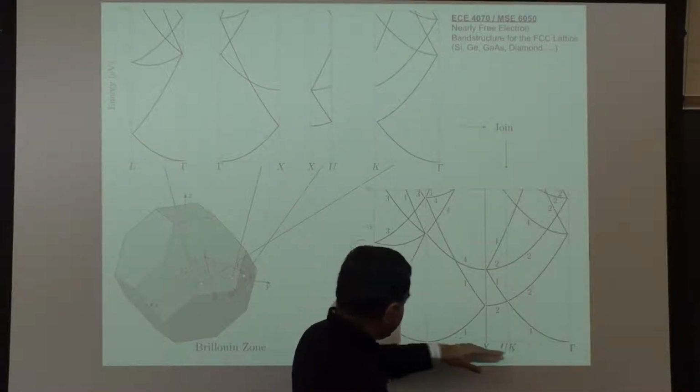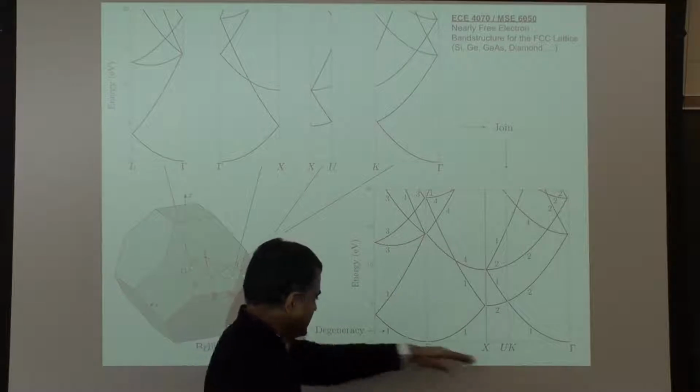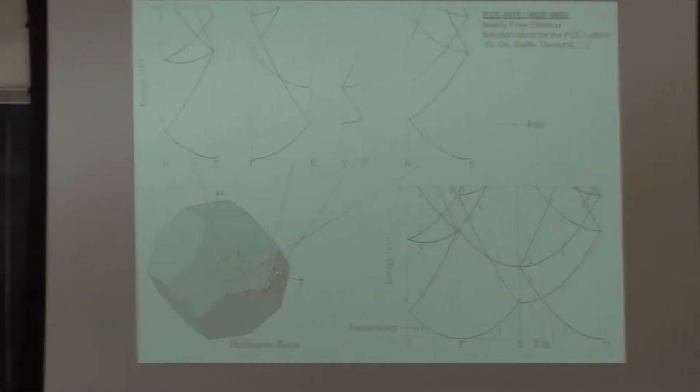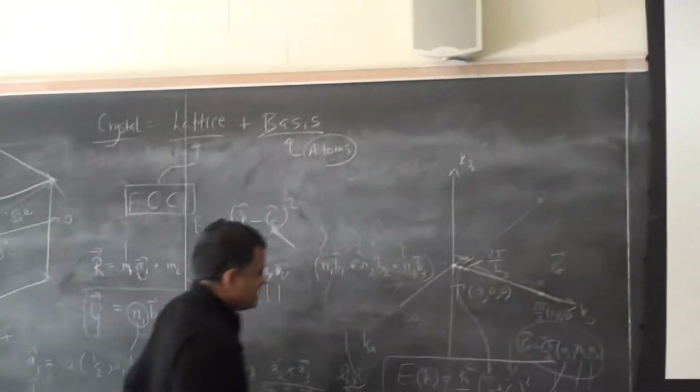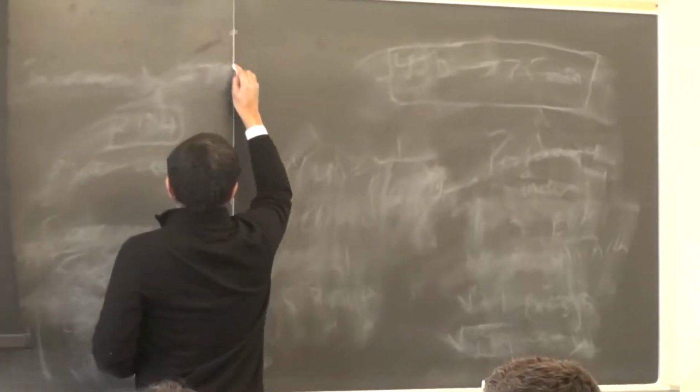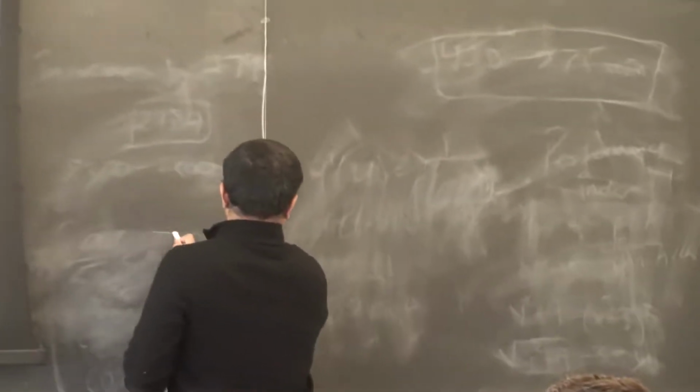So this x-axis here is what we are calling small k. Let's use this as our x-axis.